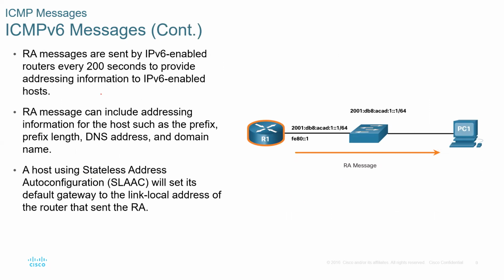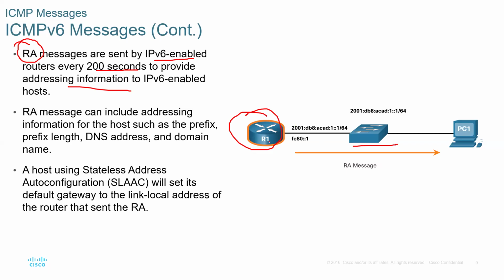Now, the router advertisement message is sent by the IP version 6 enabled router every 200 seconds to provide addressing information to IP version 6 enabled hosts. What is this RA, or router advertisement? It's the router saying, hey, I am available as a gateway to whoever belongs to this particular local network.